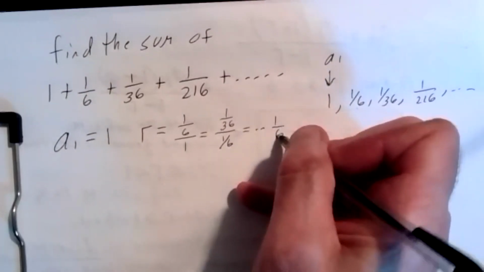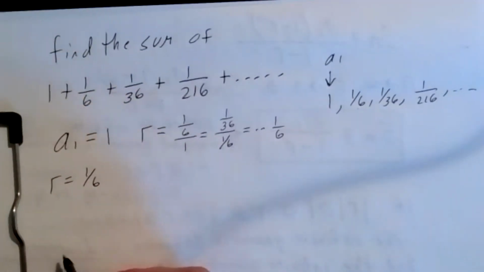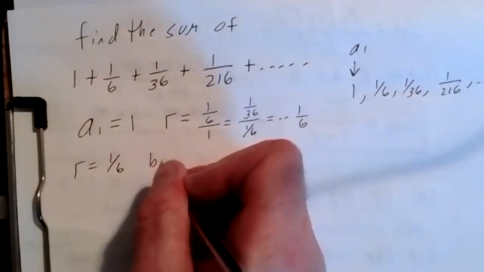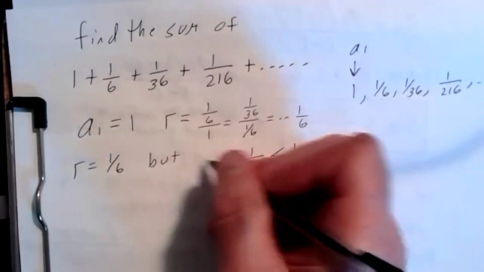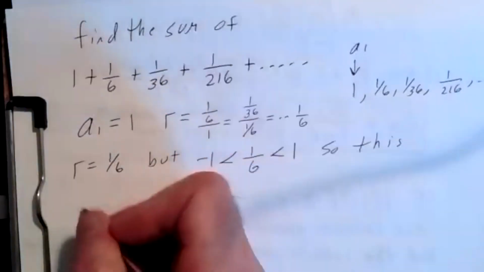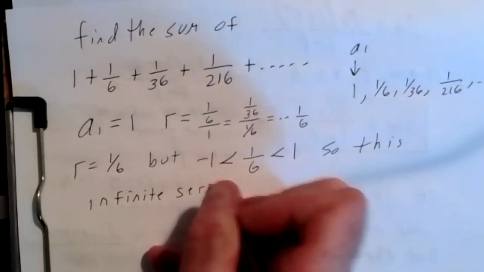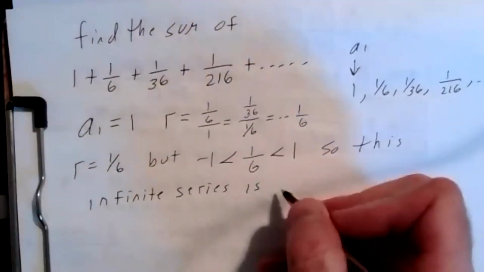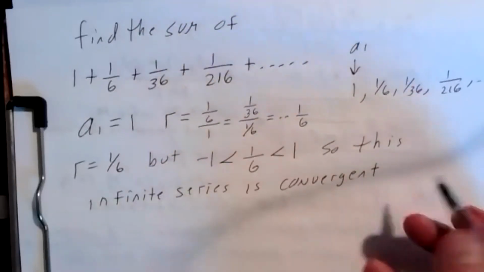It's equal to 1/6. Common ratio is 1/6. Is my common ratio between 1 and -1? Yes. Notice 1/6, which is my common ratio, lies between 1 and -1. So this infinite series, is it convergent or divergent? Convergent, which means the infinite sum must exist.